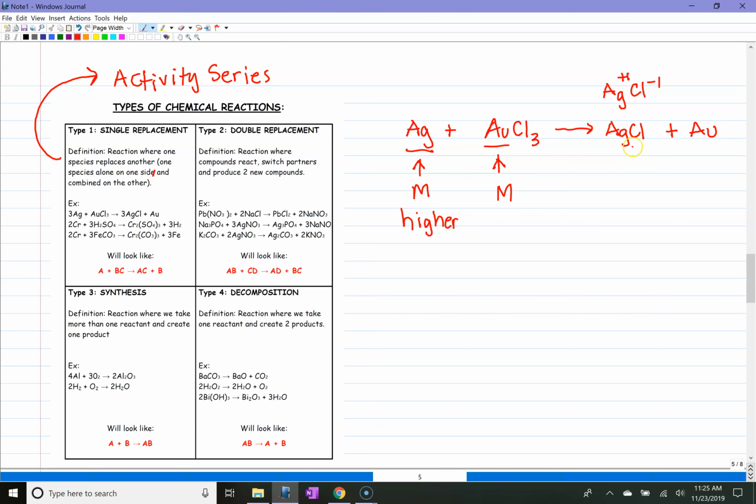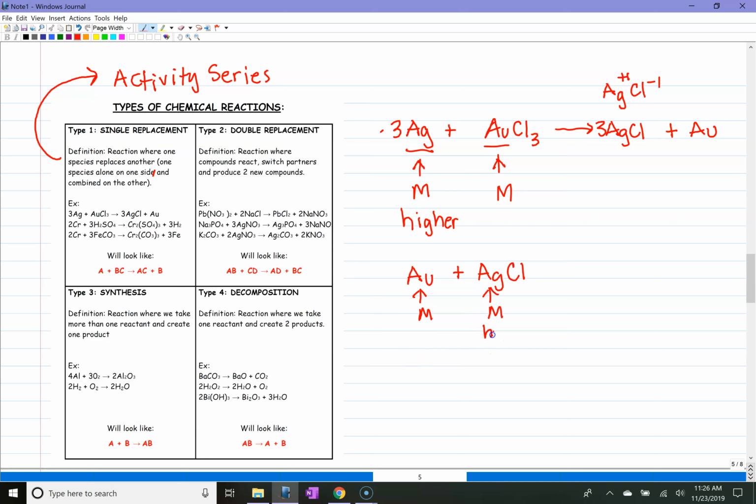And then I would have to balance it out by putting a 3 here and a coefficient of 3 in front of the silver. If the reaction had been the other way, in other words, we had gold plus silver chloride, I would look, both are metals, silver and gold are my metals.